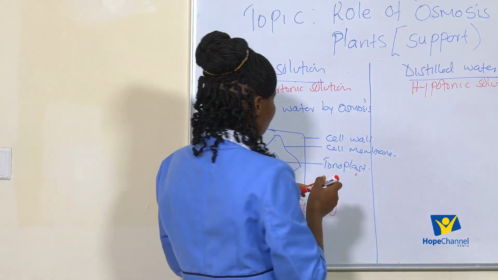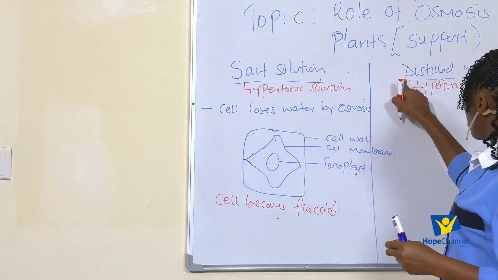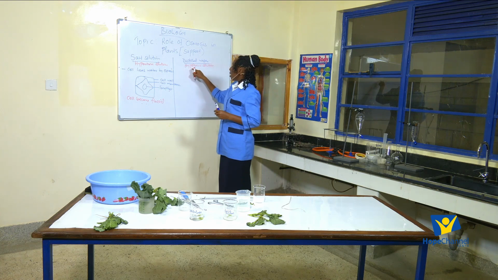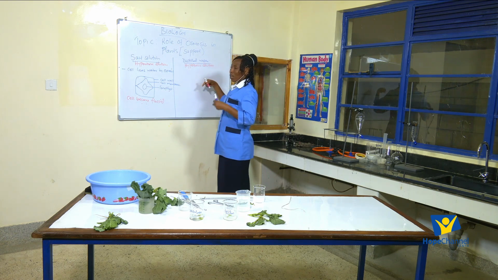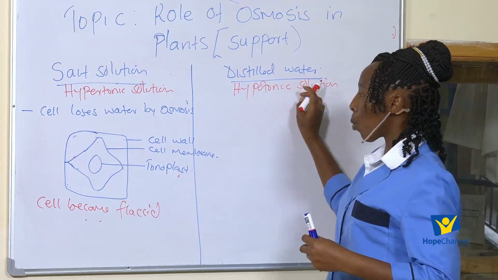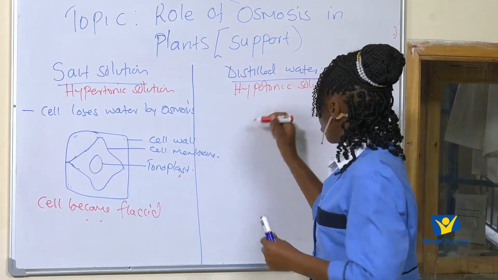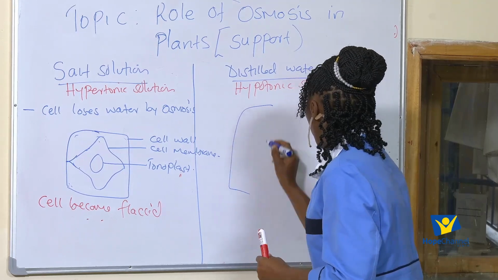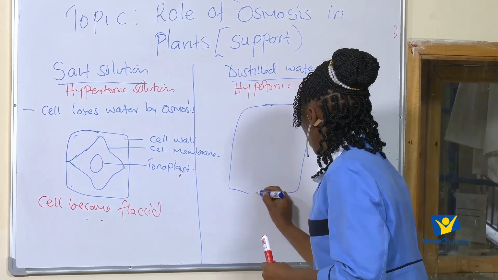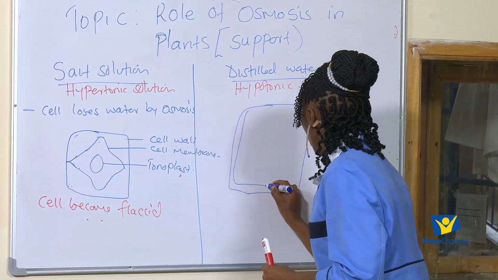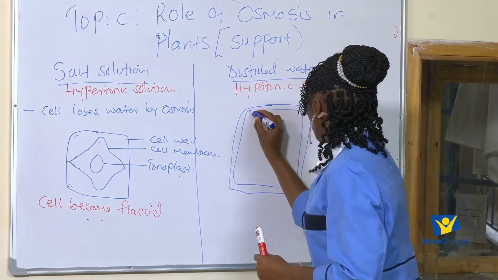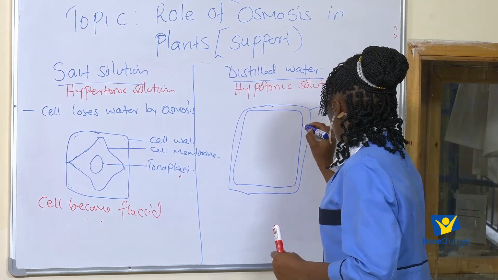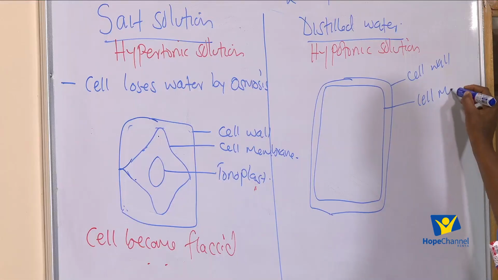But what happens when this cell was placed in distilled water? We say the solution now becomes hypotonic. There is more water. So what happens? This cell will draw in water by osmosis. Remember, I'm trying to draw the cell of a plant which has the cell wall. Then here we have the cell membrane.